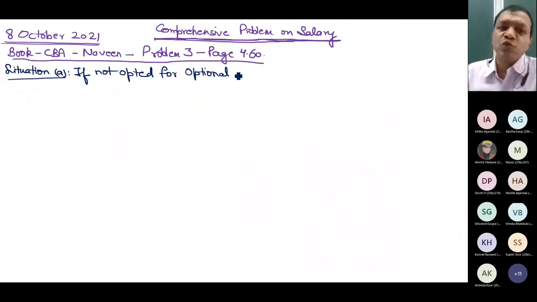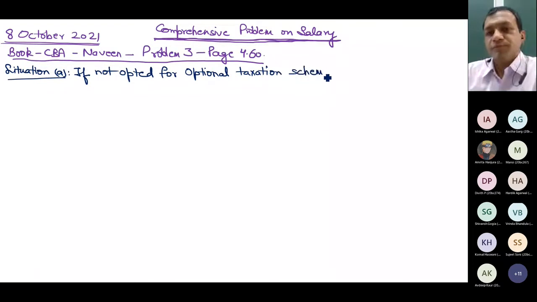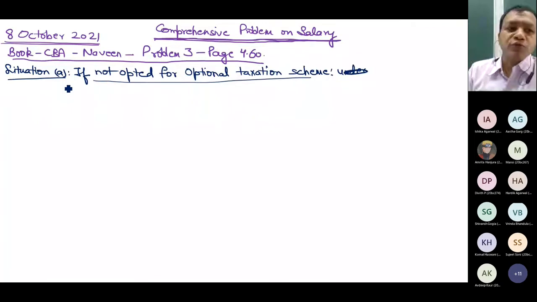Let us do the situation where this person has not opted for optional taxation scheme. No need to write this section of not opted. So let us compute total income.